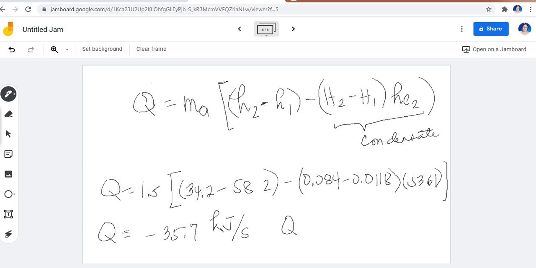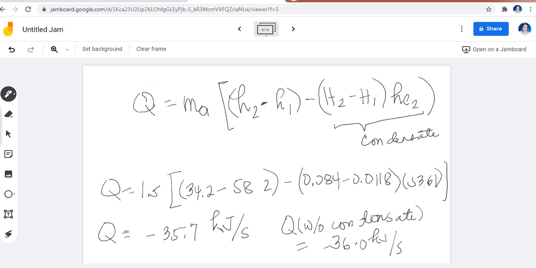Your Q without condensate will be 36. So a difference of 0.03, negative 36 kilojoule per second.